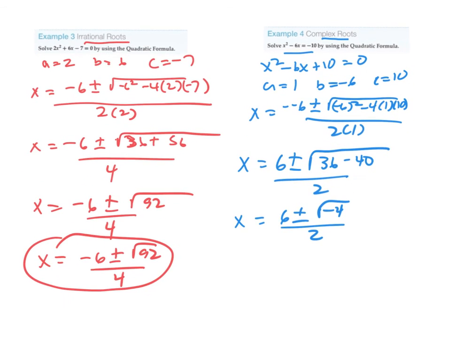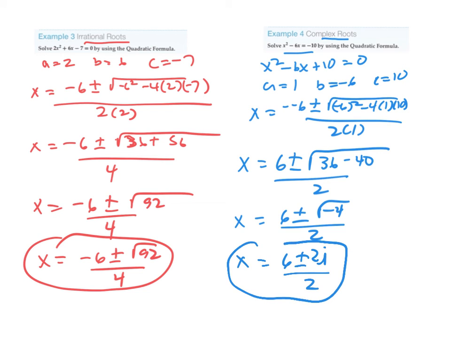And anytime you have a negative inside a radical, that radical has to change. We have to bring that out. So we have 6 plus or minus an i, and the square root of 4 is 2, so we'll have 2i over 2. And there's our answer for a complex solution.